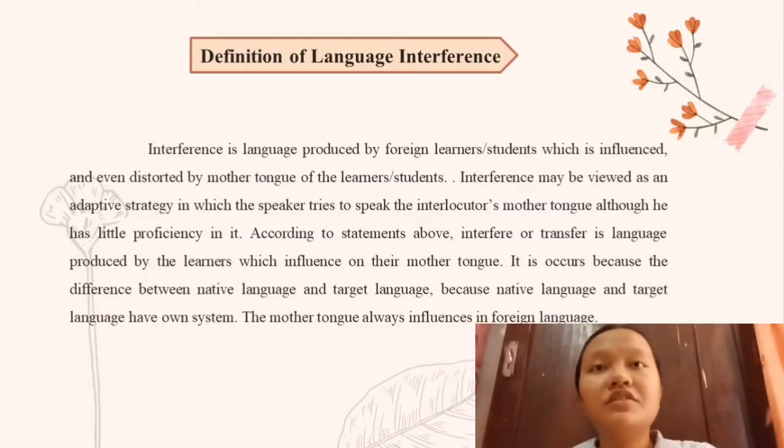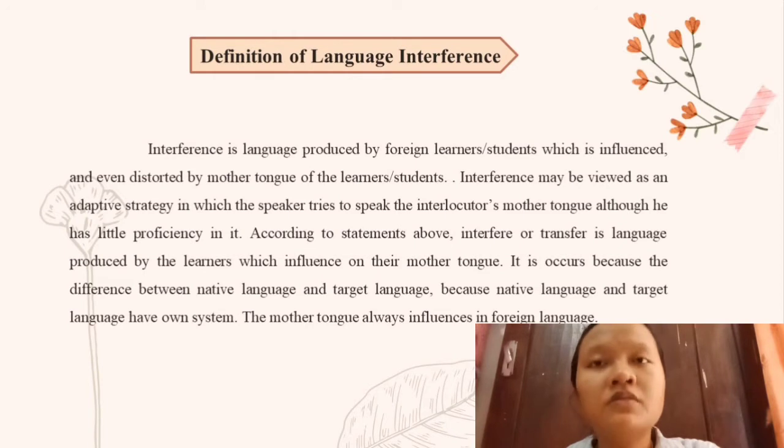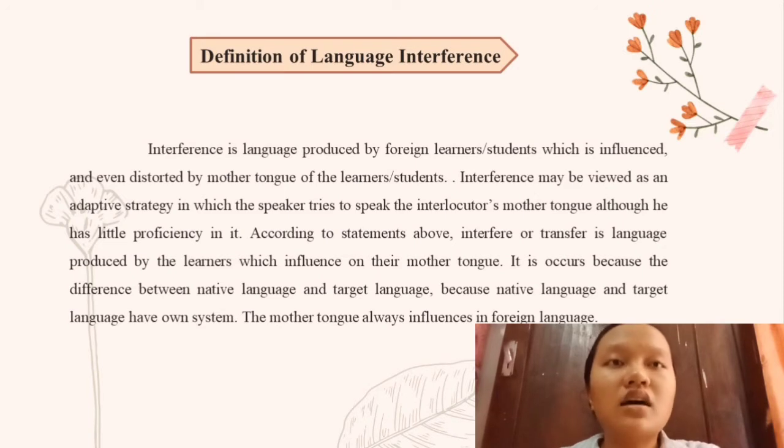Alright, for the definition of interference: interference is language produced by foreign language learners or students which is influenced and even distorted by the mother tongue of the learners. Interference may be viewed as an adaptive strategy in which the speaker tries to speak the interlocutor's mother tongue although he has little proficiency in it.